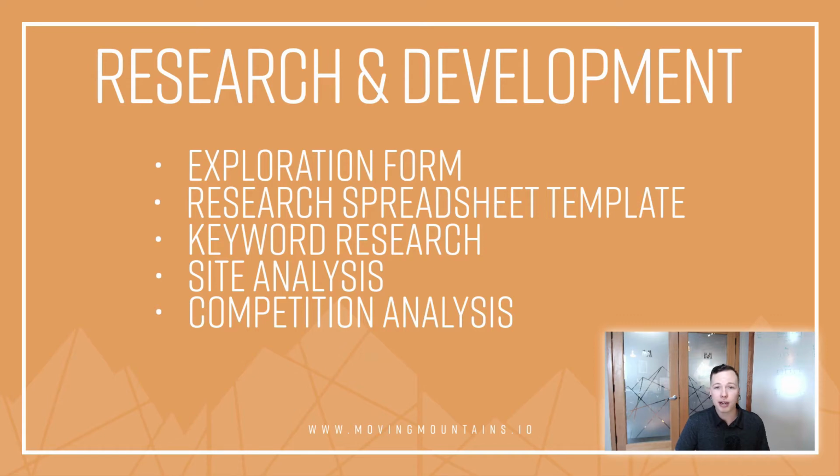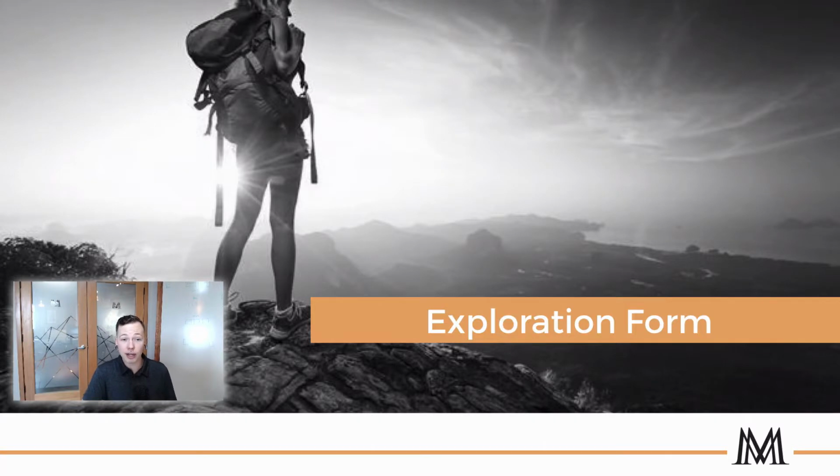In a competition analysis, we need to know exactly what the top ranking sites are doing, and then we need to do something very similar to that and then build upon it. So this competition analysis is extremely important. Over the course of this whole video, at the very end, we'll have all the information needed to put together a strategy for a full campaign. So that's the overview there.